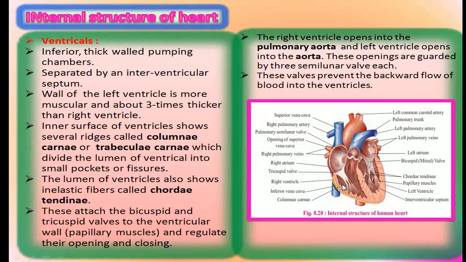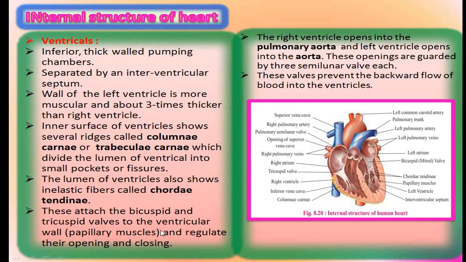These several ridges divide the lumen of the ventricle into small pockets or fissures.